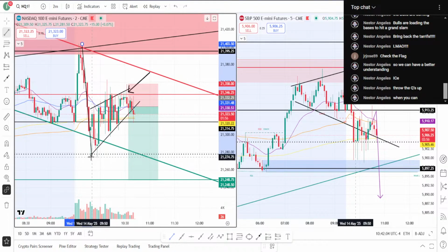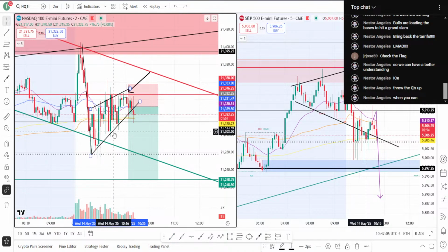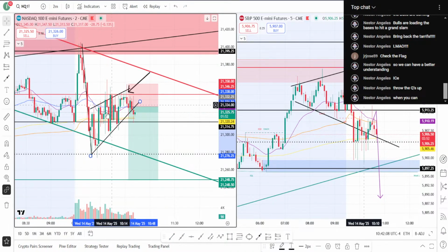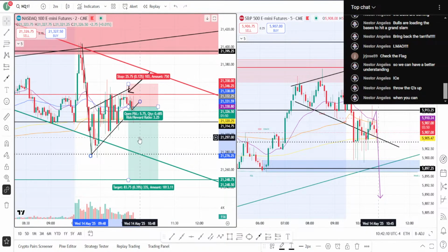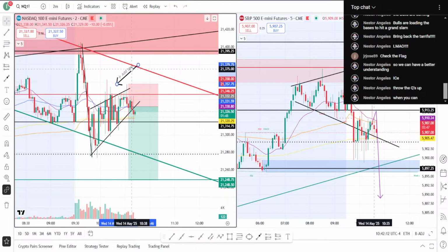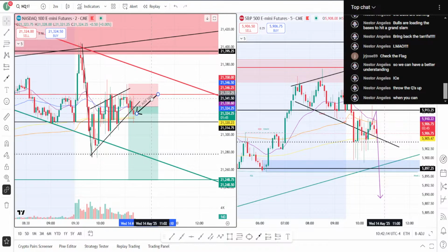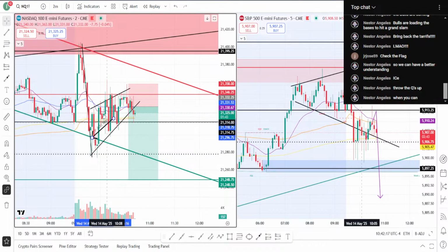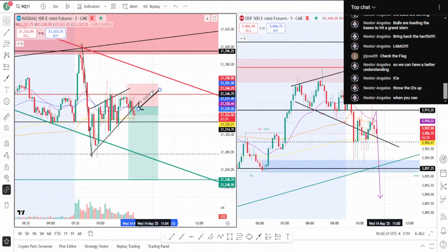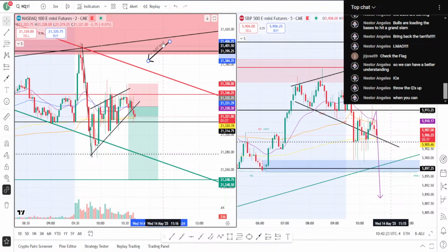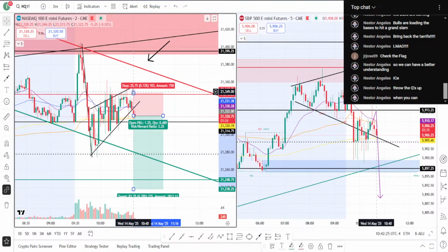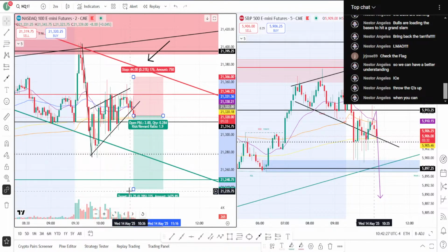This is the pole, and this is the flag right here. So the way you trade the flag is that when you get a breakout, in this case below, because the initial move was down and then into a flag, and now we broke below, the idea is that you short at the bottom and you put your stop loss at the top, and then you catch the move down.